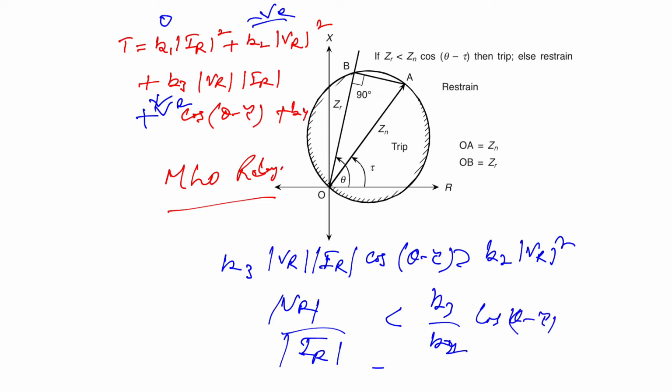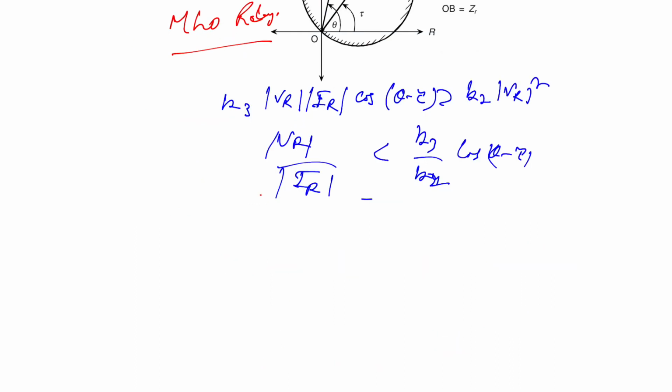Now, as you have observed, we have assumed that VR by IR is equal to Z seen.